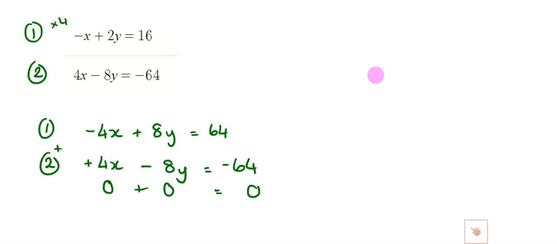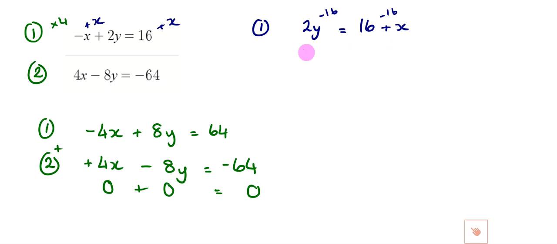Let's take number 1, and I'm going to rewrite it. I'm going to add x to both sides to start with, so I get 2y is equal to 16 plus x, and I'm then going to subtract the 16 from both sides. Why have I done all that?